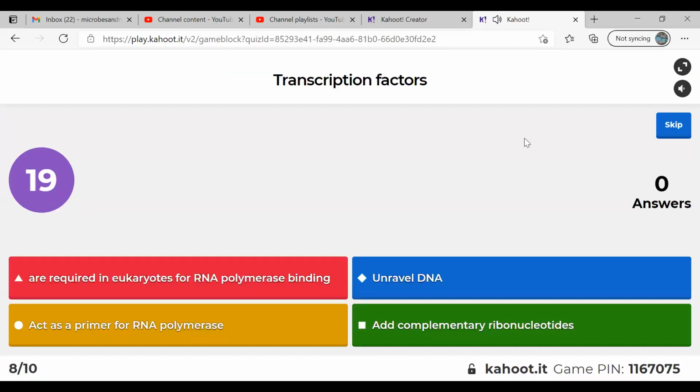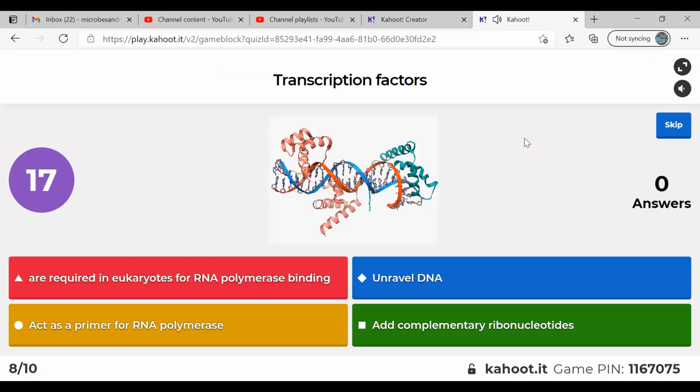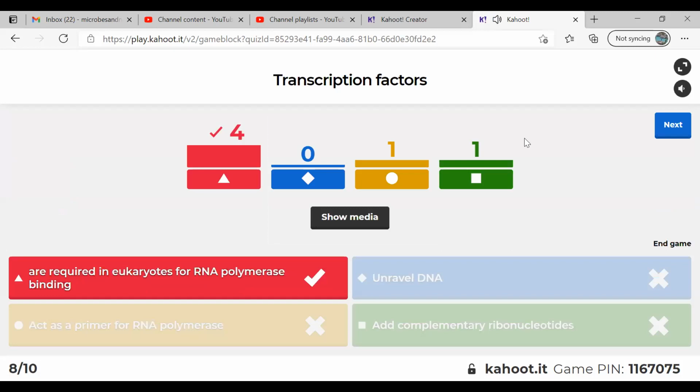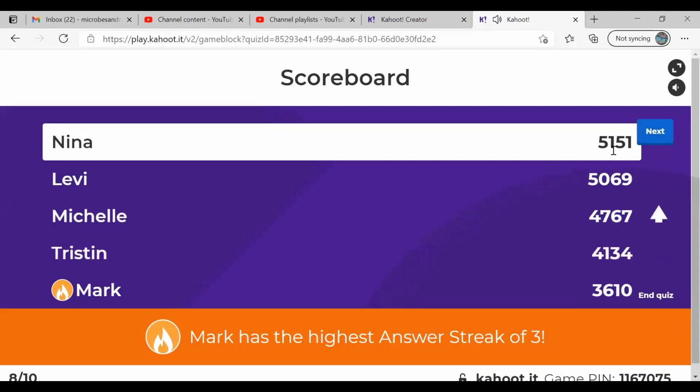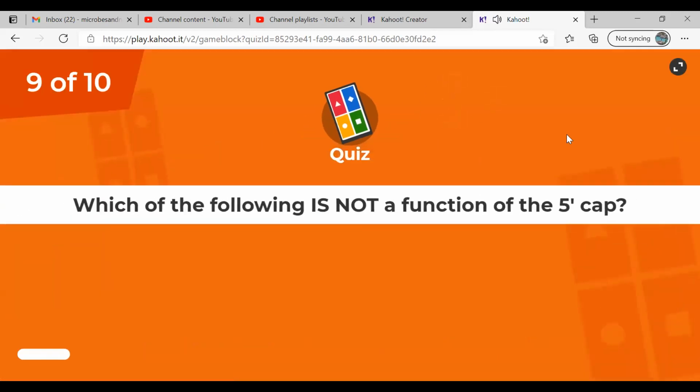Transcription factors. What do they do? Okay, good job. They're required for RNA polymerase binding in eukaryotes. So that's what they do. All right, so a couple more questions.